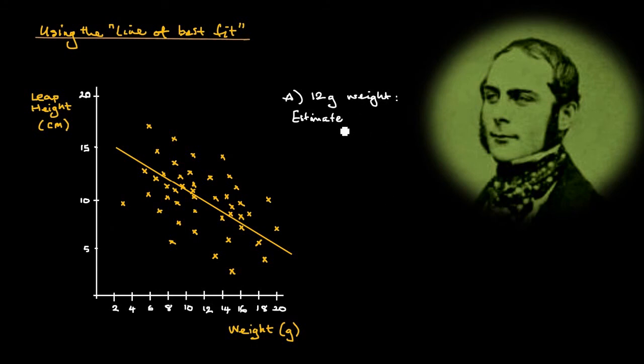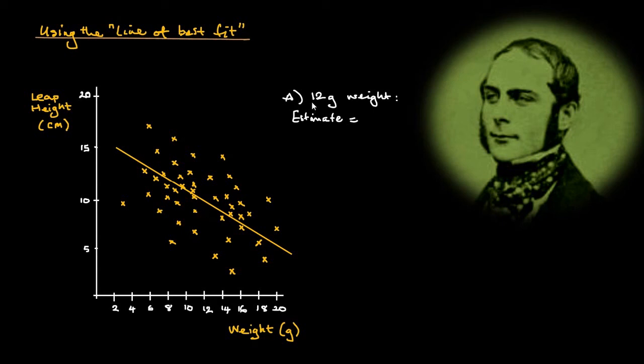So how high will this 12-gram frog leap, do we think? The estimate we can get from our line of best fit. If we plot against the line of best fit, then that's going to give us the best estimate for how high the frog will jump.